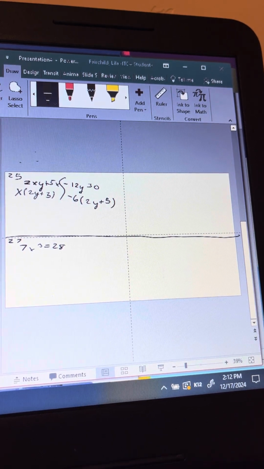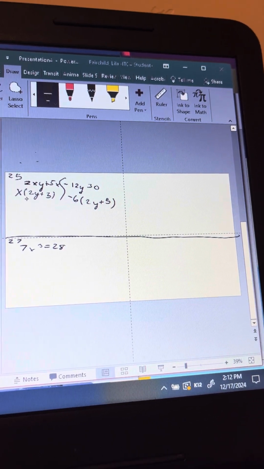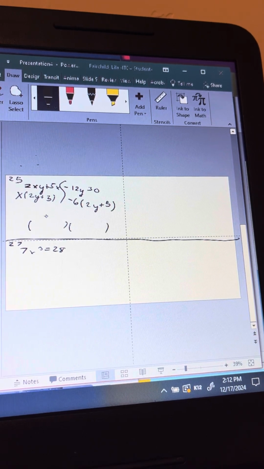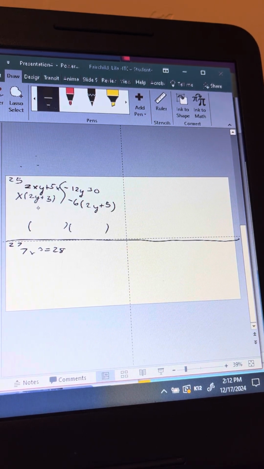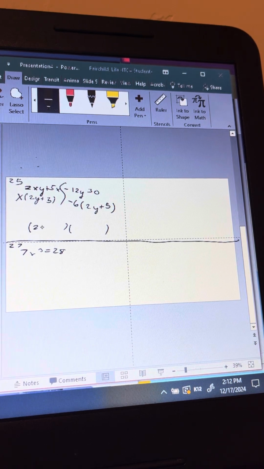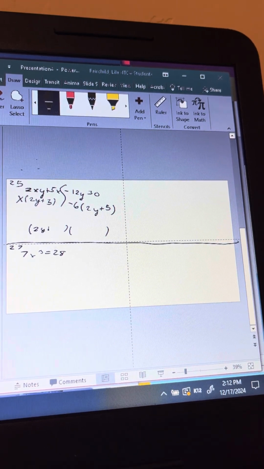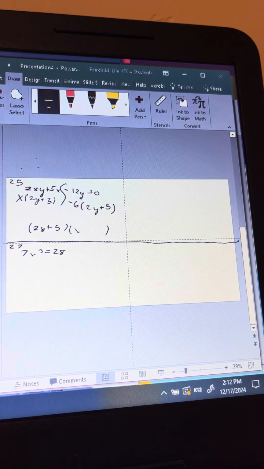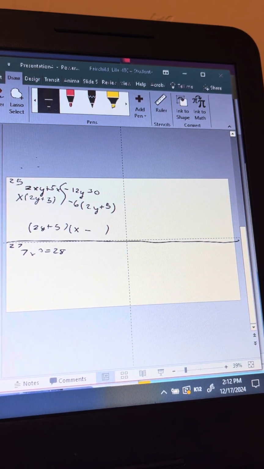Then what you need to do is make them into these two parentheses, and so this from here gets to 2y plus 5, and this from here is x minus 6.